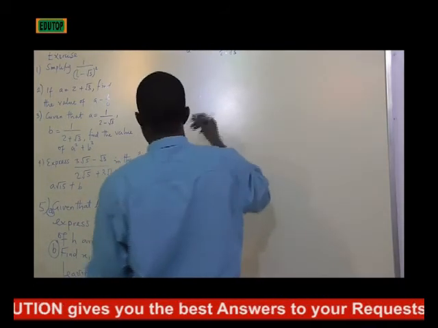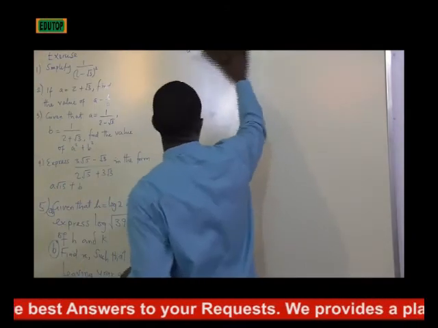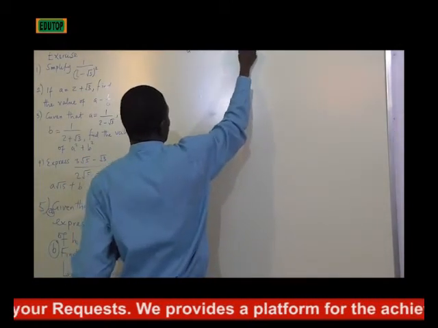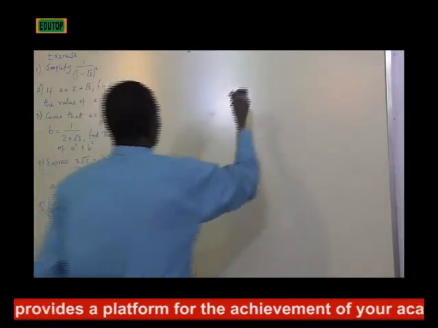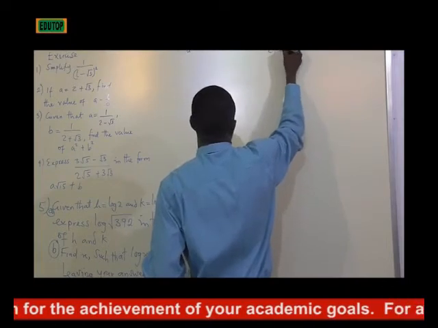No. We are meant to have 2 plus root 3. Sorry for that mistake. Then we have minus 1 over 2 plus root 3.